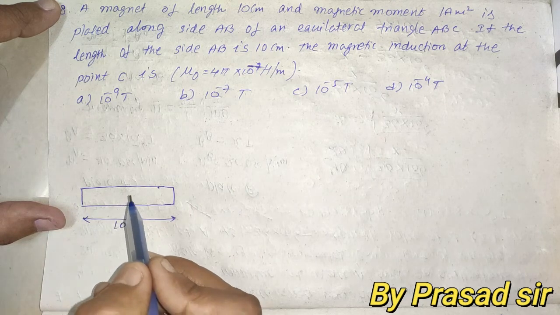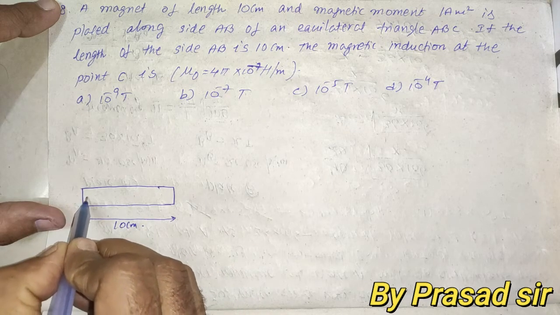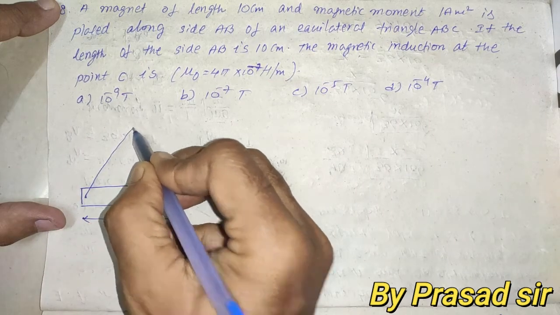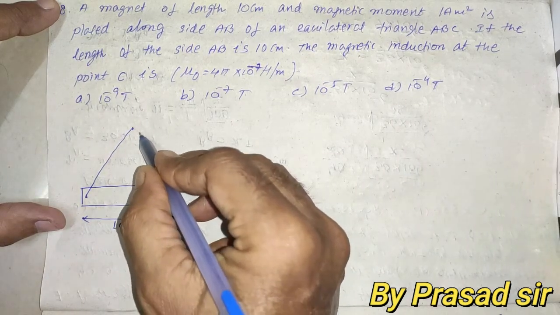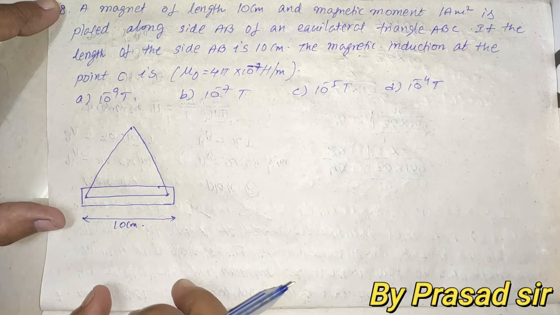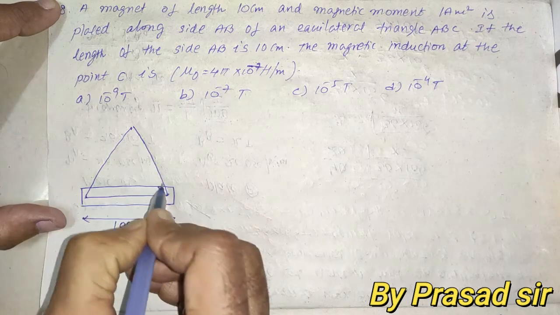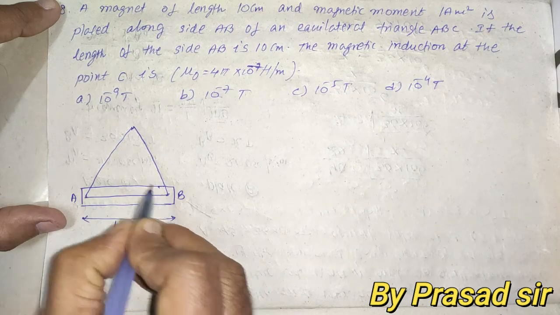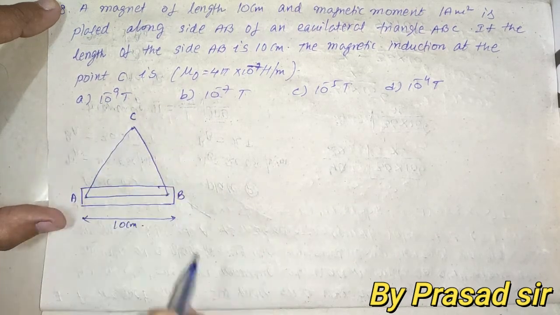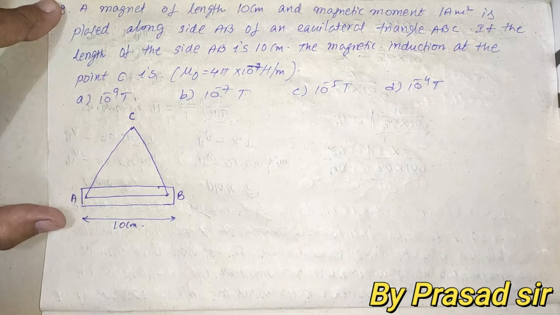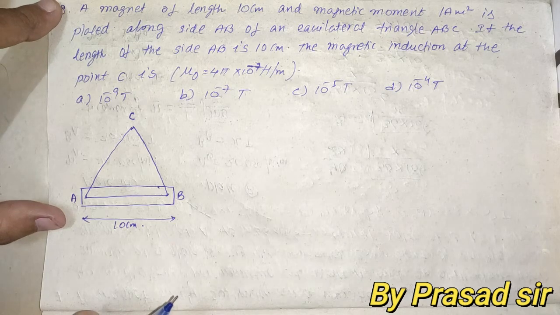So that means equilateral triangle means all the sides are equal. That side is 10 centimeter. So this is 10 centimeter means this one is also 10 centimeter, this one is also 10 centimeter. Here A and here B and this is C. And now what happens in this case? If the length of the side AB is 10 centimeters, the magnetic induction at a point C is how much?